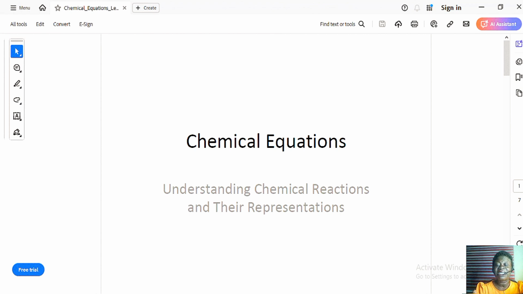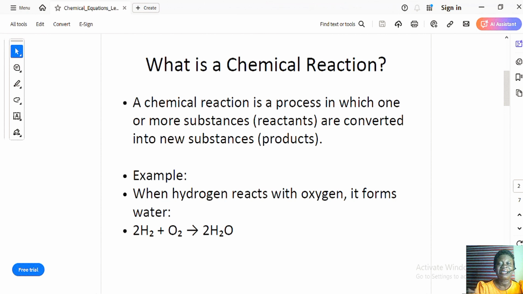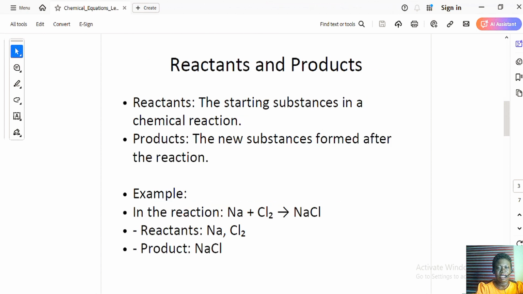We started with chemical equations. Now we started talking about the key terms in chemical equations. We looked at what a chemical reaction is. And we said a chemical reaction is a process in which one or more substances are converted into new substances. An example we gave was hydrogen and oxygen coming together to form water.